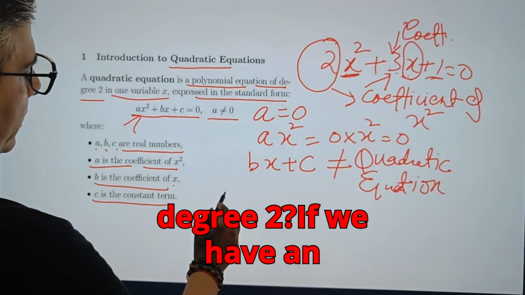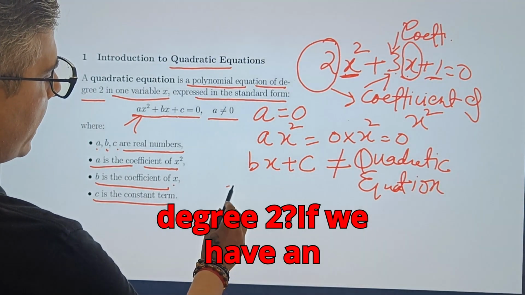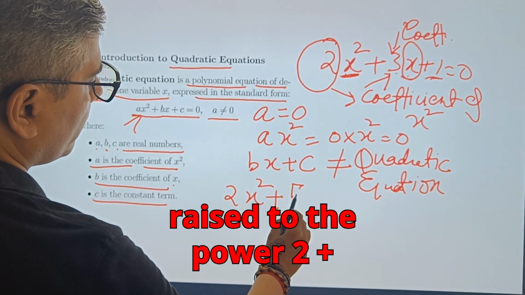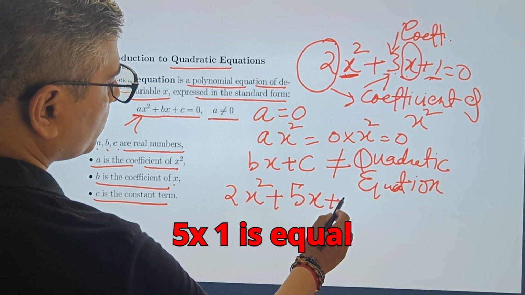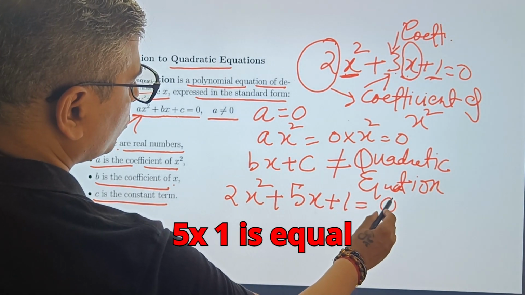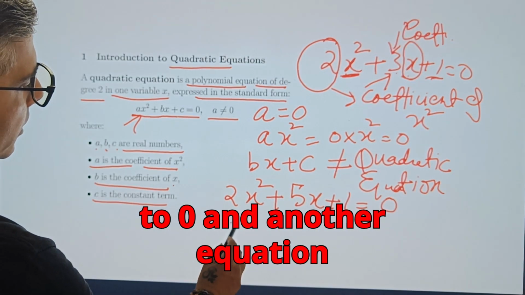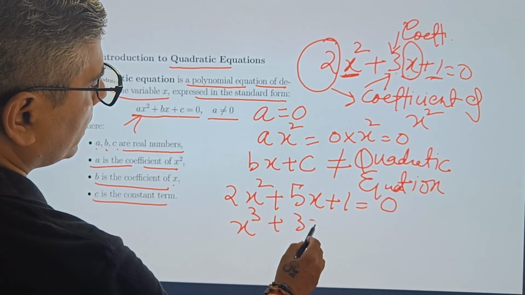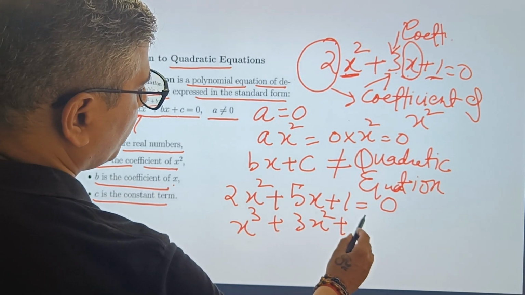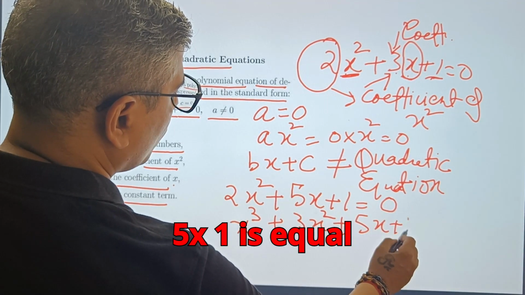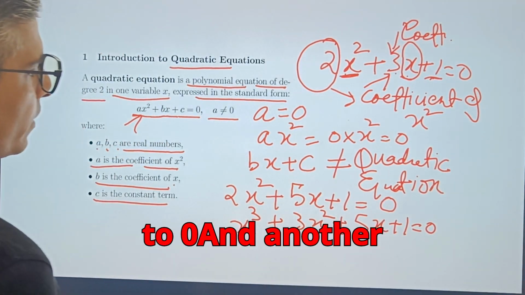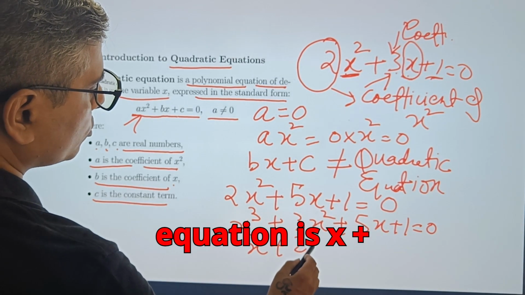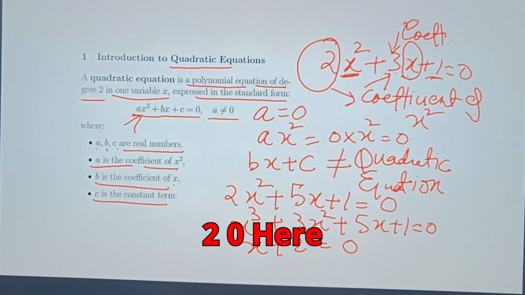So what is degree 2? Suppose we have an equation like 2x² + 5x + 1 = 0, another equation x³ + 3x² + 5x + 1 = 0, and another equation x + 2 = 0.